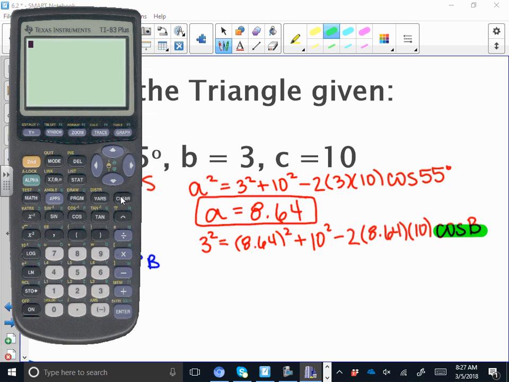This negative 2 times 8.64 times 10 is attached to the cosine of b. So what we first can do is figure out what 8.64 squared plus 10 squared is, and those two can be subtracted over. So my first job is to take 3 squared, and I'm going to subtract over 10 squared and 8.64 squared.